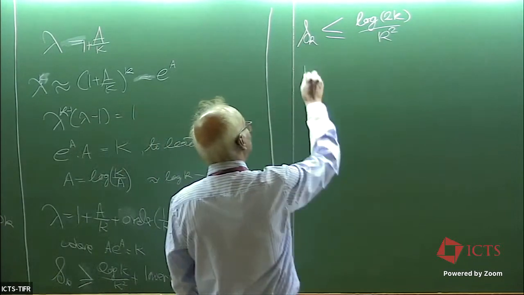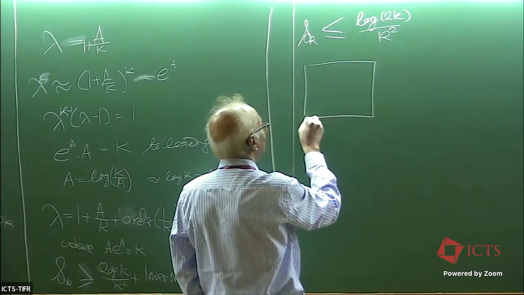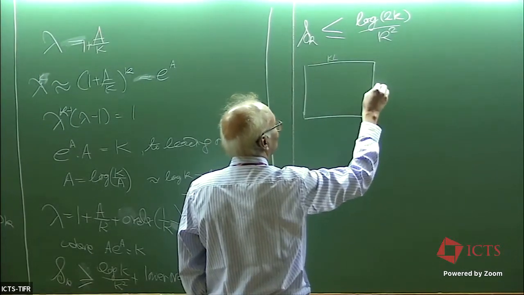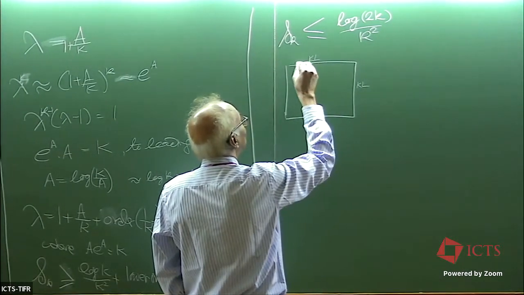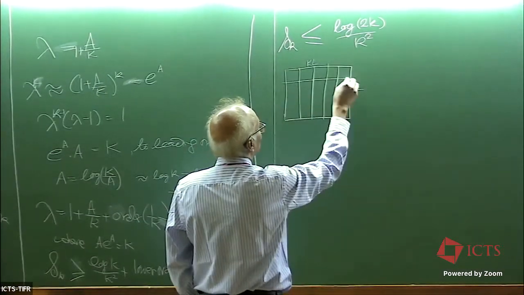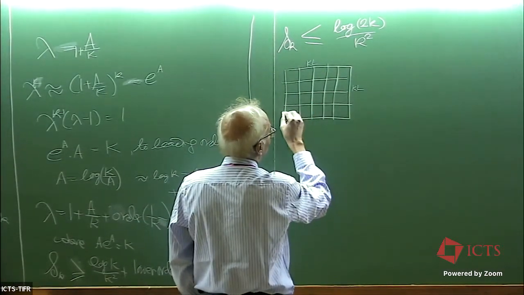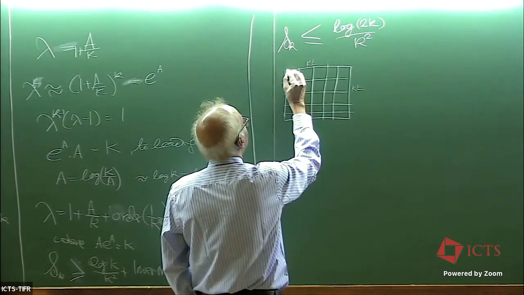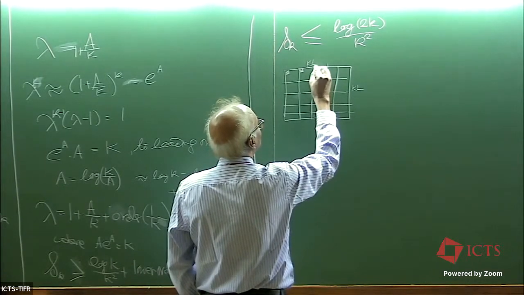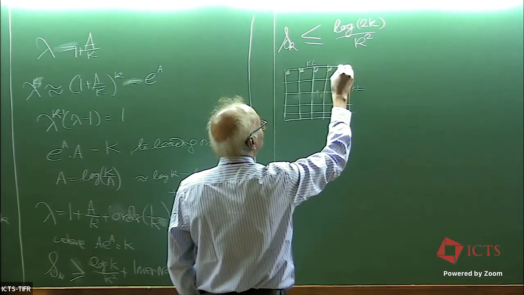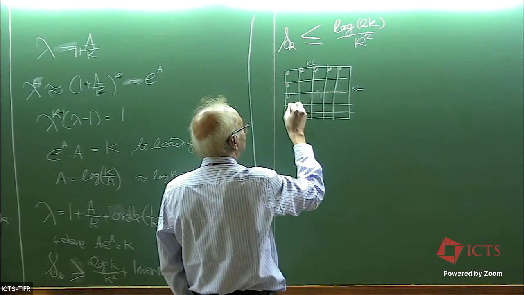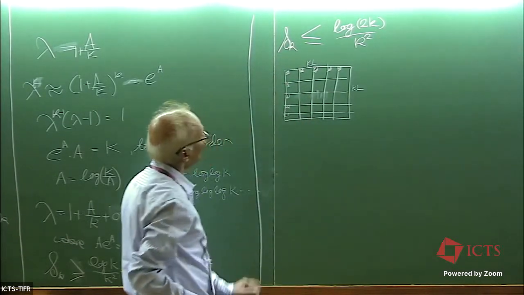So what they say is that you take a kl by kl square. And then you divide it into k by k subsquares like this. And you consider the top left cell in each of these. Okay.